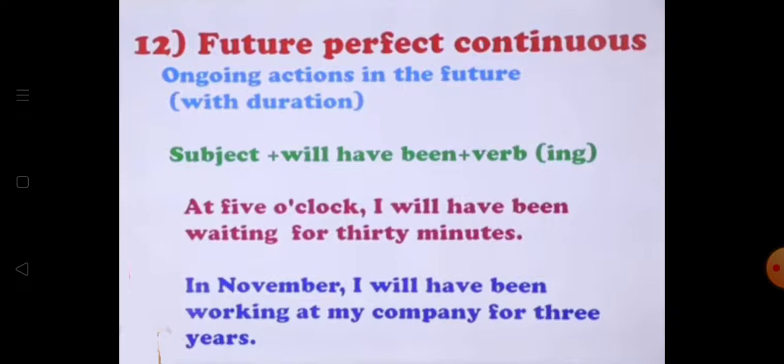For example, at 5 o'clock, I will have been waiting for 30 minutes. Second example, in November, I will have been working at my company for 3 years. So here the duration is mentioned: 30 minutes, 3 years.